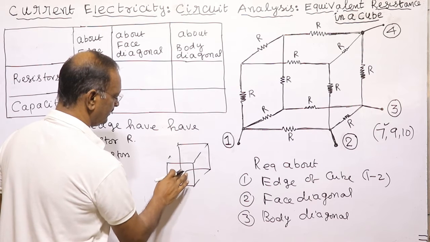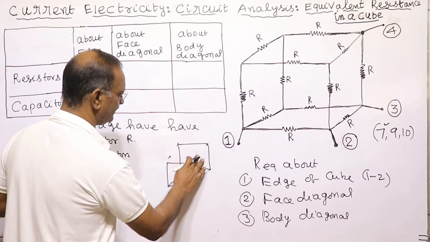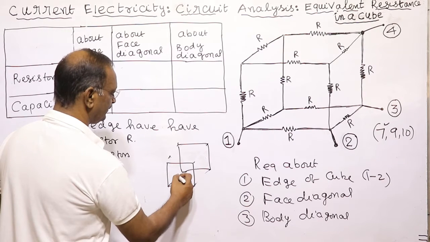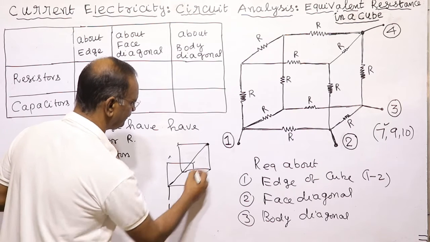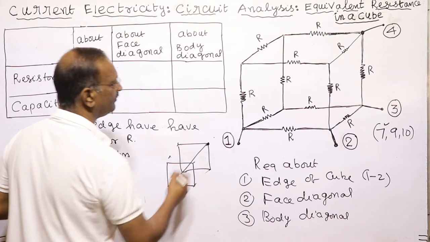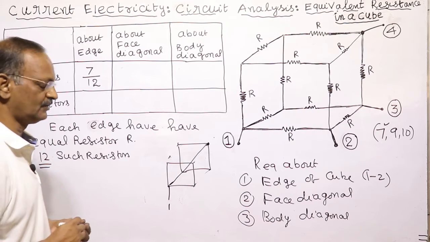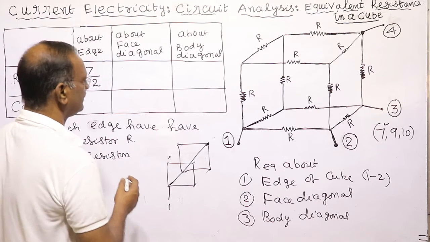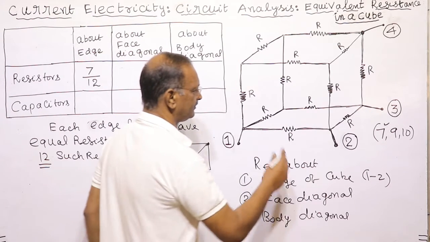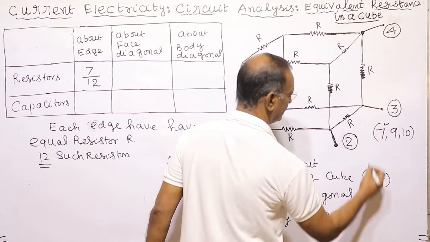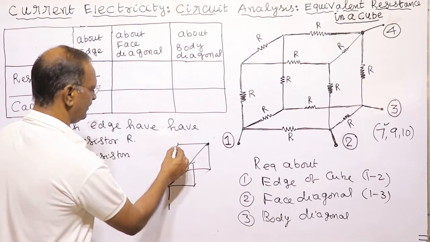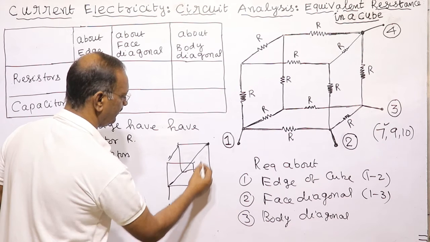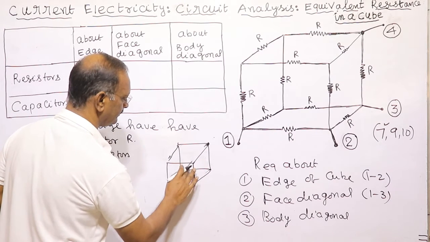So we remove this one, and the diagonal between this point and this point, points 1 and 3, is the face diagonal 1, 3.